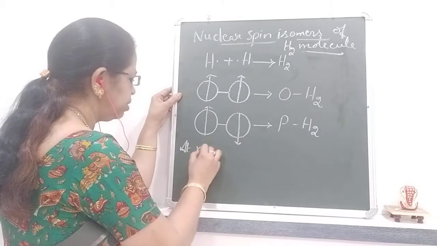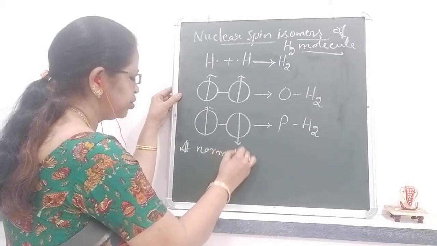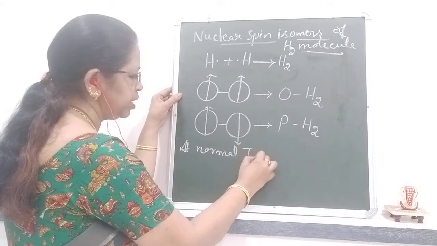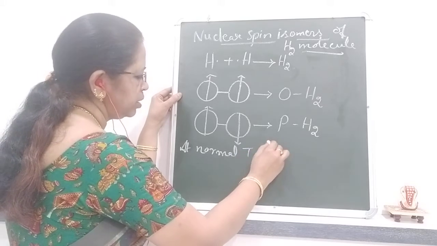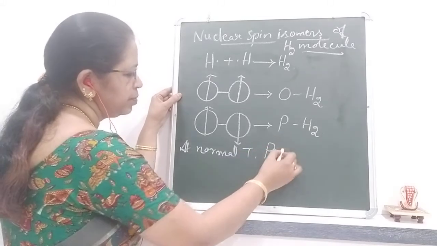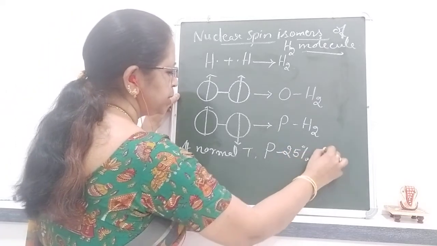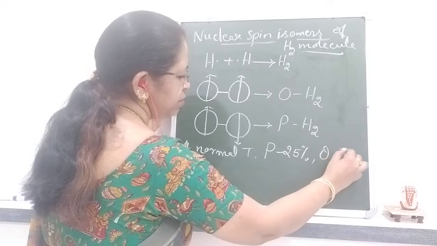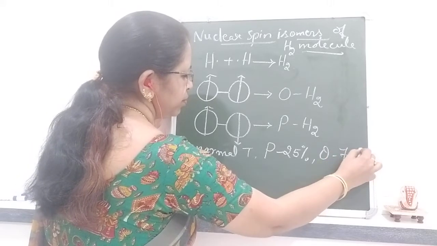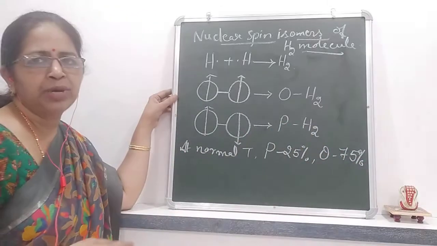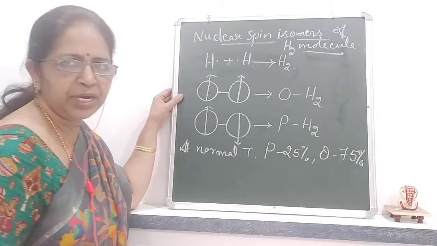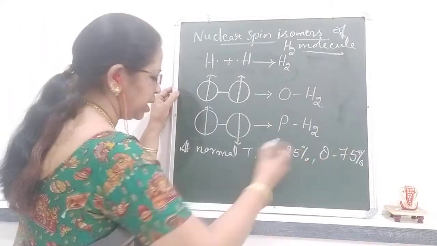At normal temperature, para isomer will be 25% and ortho isomer will be 75%. The stability of the ortho isomer is greater at normal temperature, so its occurrence is higher.